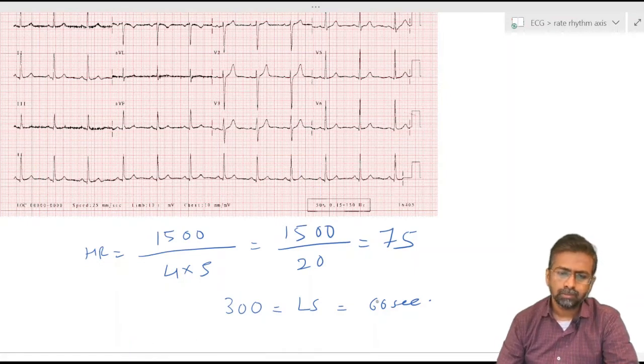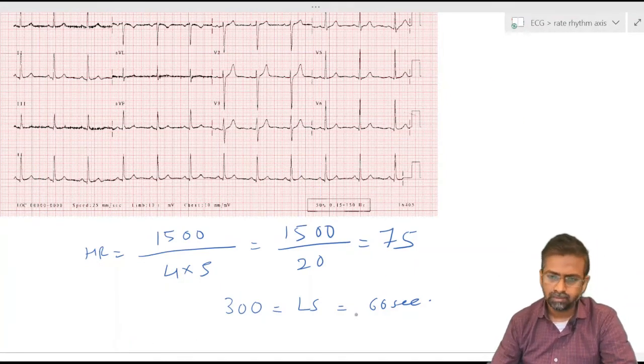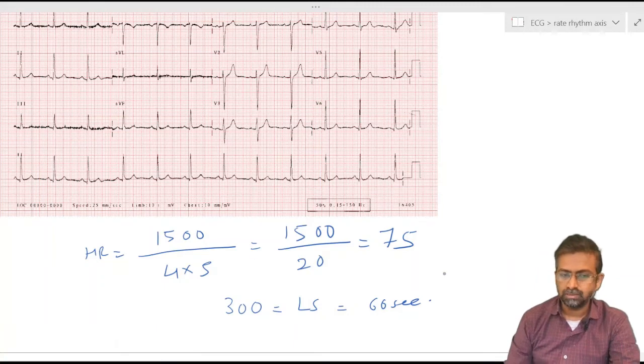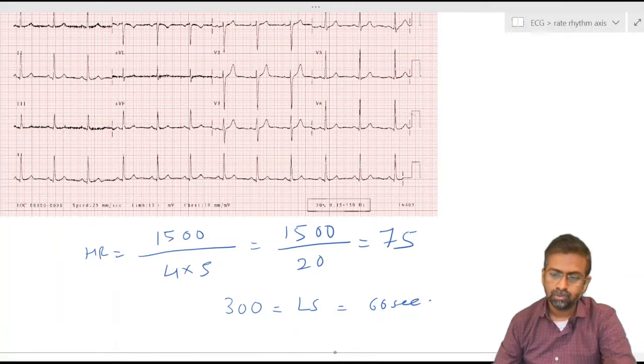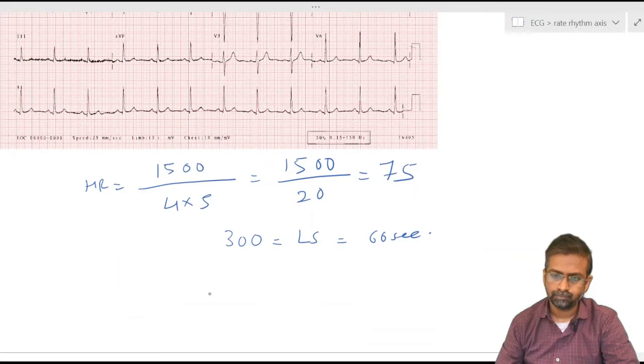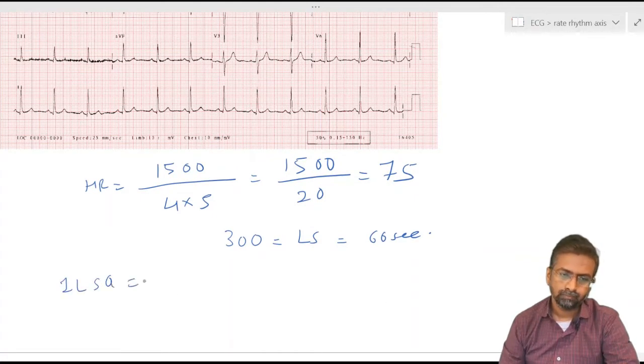As I already told you in the previous ECG lecture, one large square is equal to 0.2 second.